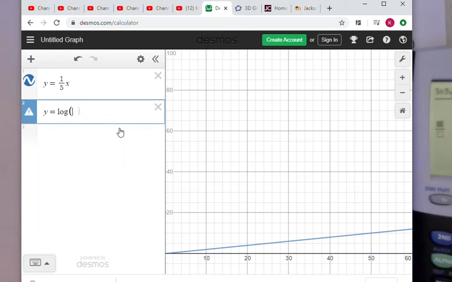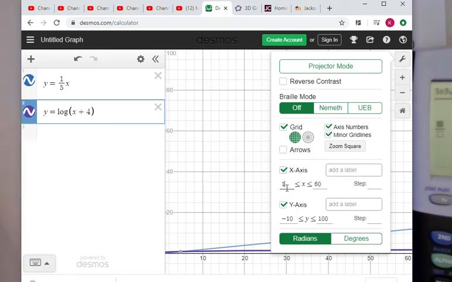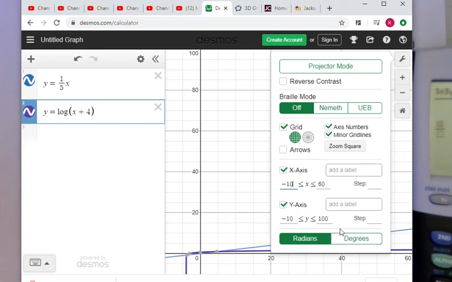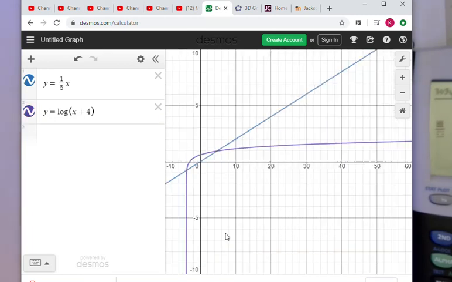Desmos doesn't honestly care that much, but as a mathematician, it bothers me. There we go. I don't have a very good window here, so let me just go ahead and reset this. For now, I'm going to go a standard window, -10 to 10 on both axes. And that's not too bad.